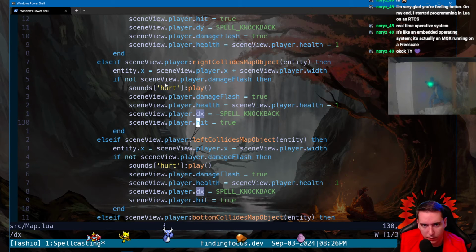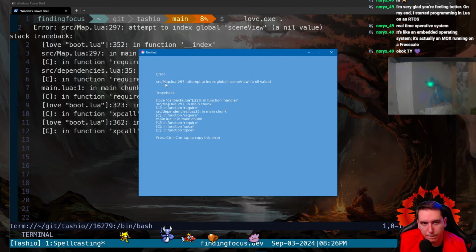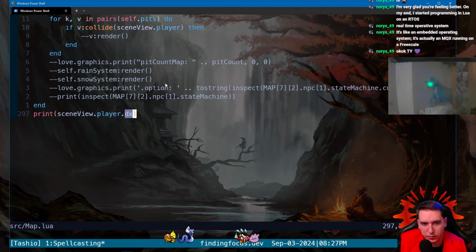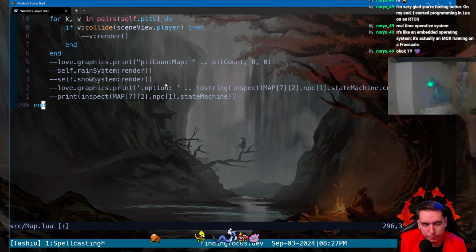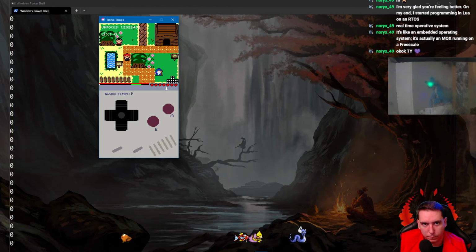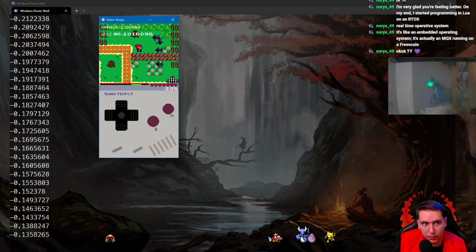Sceneview.player.dx, yeah. That's exactly what we're trying to render. Wow, this is super jacked up. Okay. DX is 0. Let's see what value it is when we get hit.